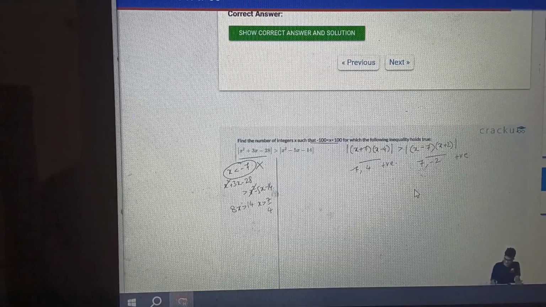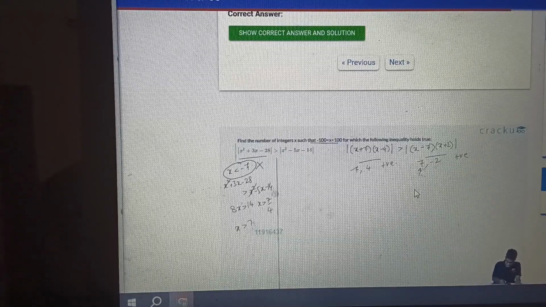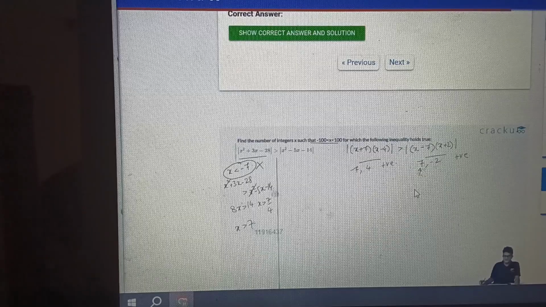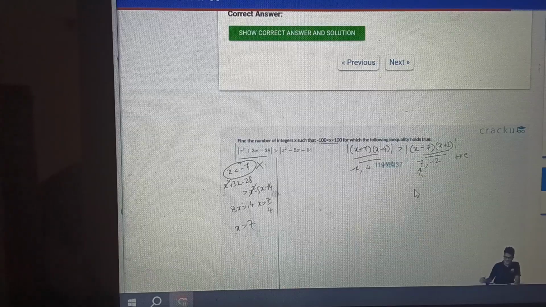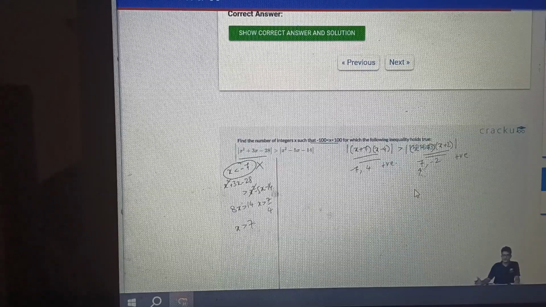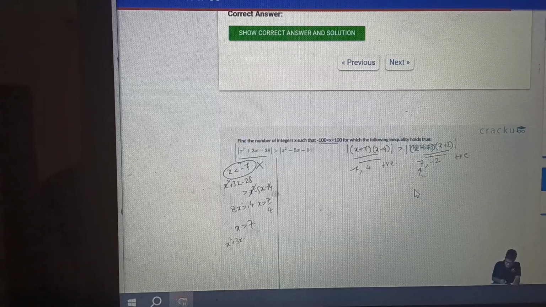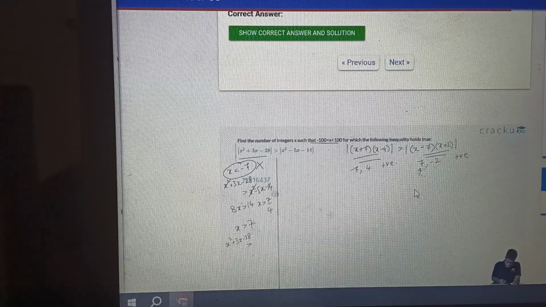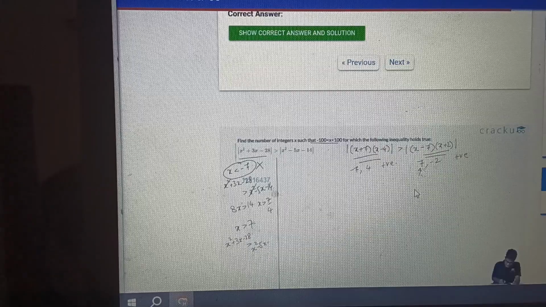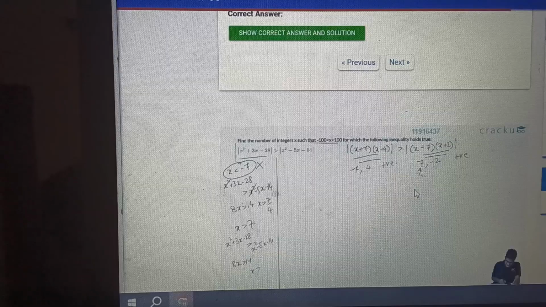The next case is when x is greater than 7. So if you are looking at x to be greater than 7, again the given inequality will remain the same because both the left hand side as well as the right hand side will be positive even without the modulus. So just putting the modulus is kind of redundant. So this becomes x square plus 3x minus 28 is again greater than x square minus 5x minus 14, or 8x is greater than 14, or x is greater than 7 by 4.